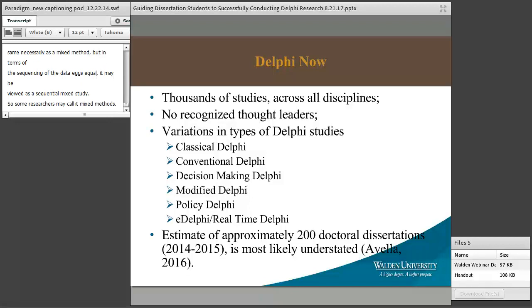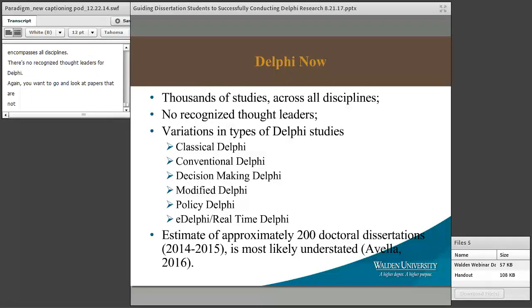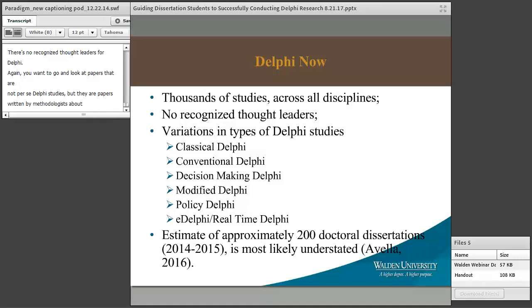But needless to say, today it's recognized that there are thousands of studies, and it covers all disciplines. There are no recognized thought leaders for Delphi. Again, you want to look at papers that are not per se Delphi studies, but papers written by methodologists about the efficacy of the Delphi design or about the variations of Delphi technique that have been employed.